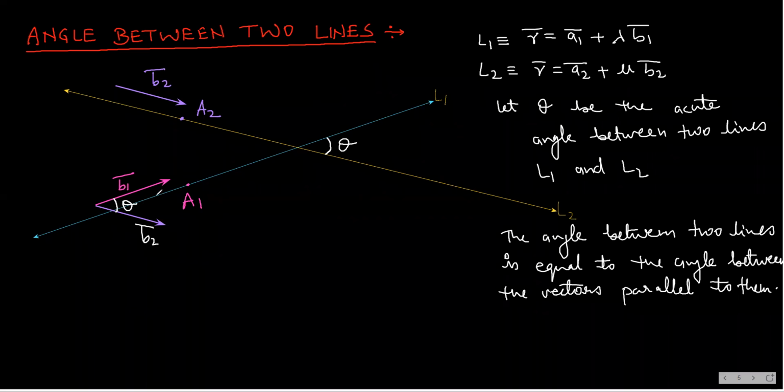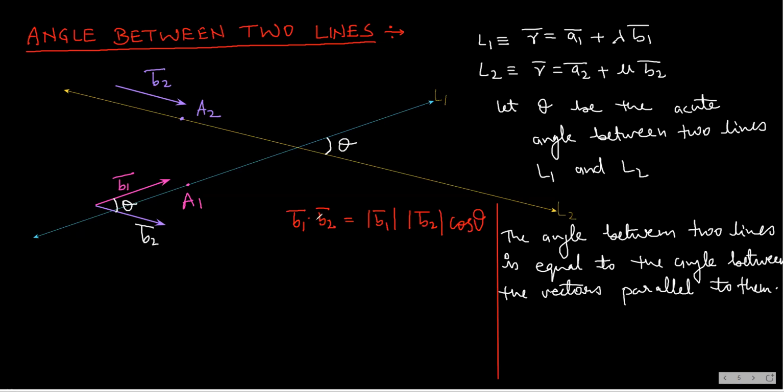And hence, I want the angle between L1 and L2, so I will find out the angle between B1 bar and B2 bar. And for that, I will use the dot product of these two vectors. As you all know, B1 bar dot B2 bar is mod of B1 bar, mod of B2 bar cos theta, where the angle is theta.